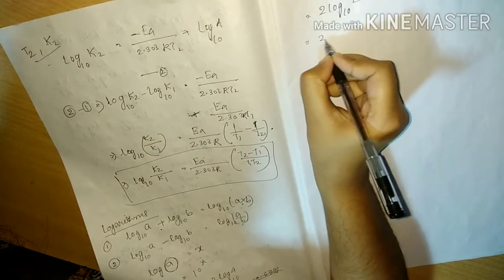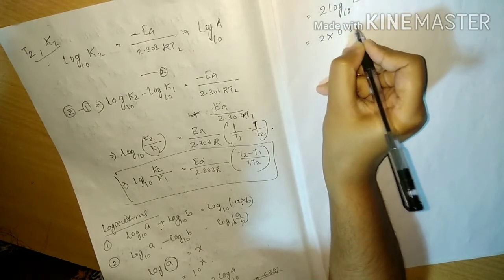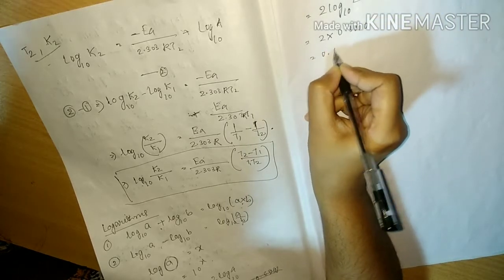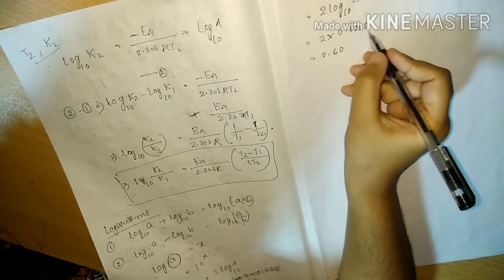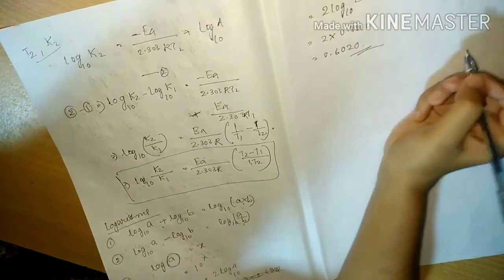So it is 2 into the log 2 value 0.3010, which equals 0.6020. So we can find the value.